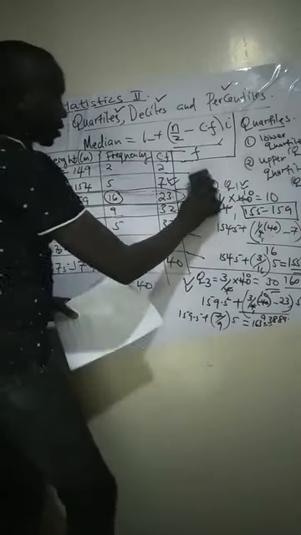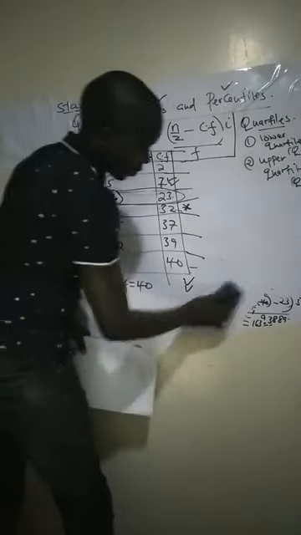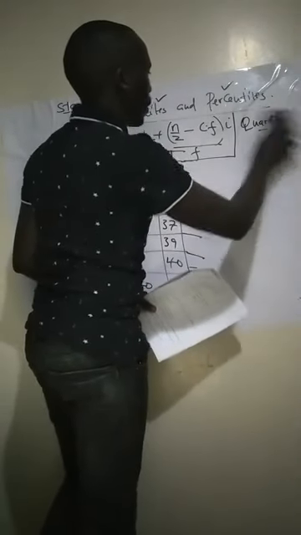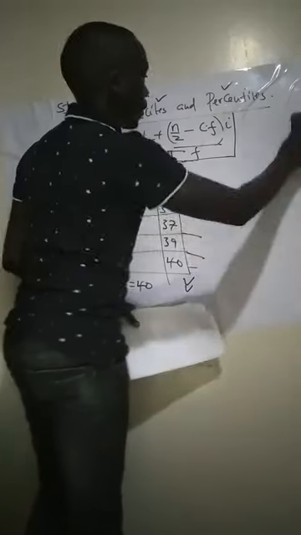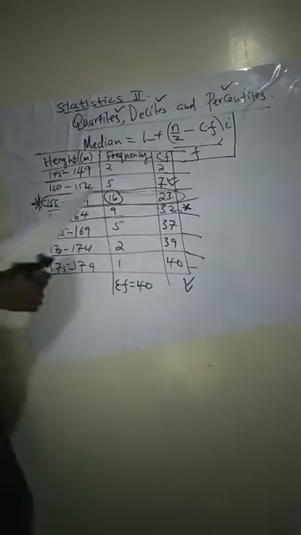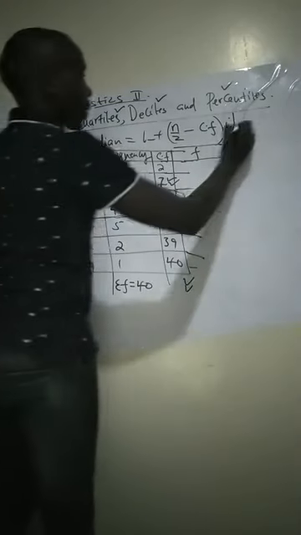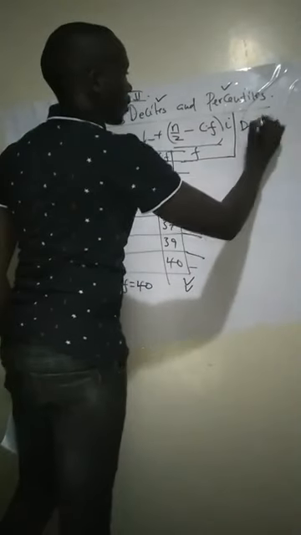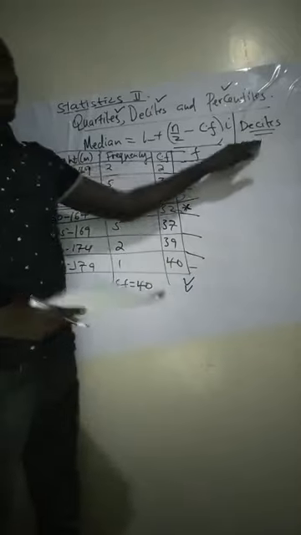Let me erase this and mention something. The other thing that you will be required to get is the deciles. In the case of deciles, our point of reference is 10.